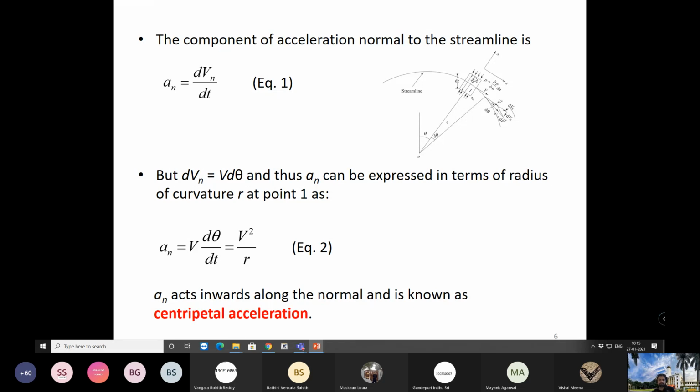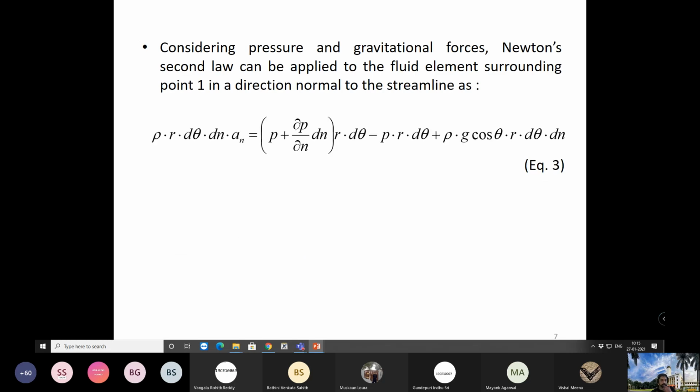Keeping these three forces in mind, when we write the equation, mass into acceleration is rho r d theta dN into An, is equal to the net force. Net force is P plus del P del N into r d theta, so pressure multiplied by an area.